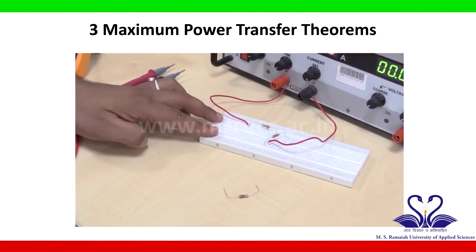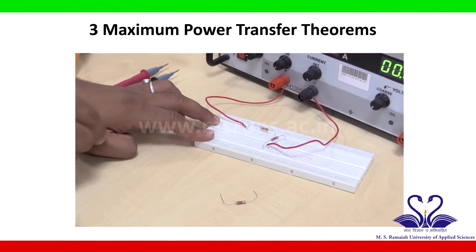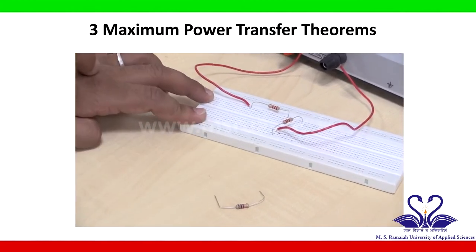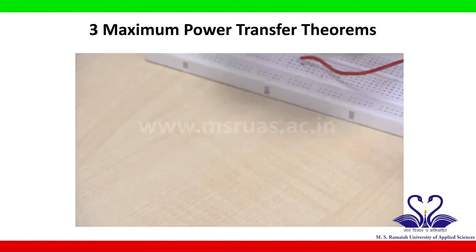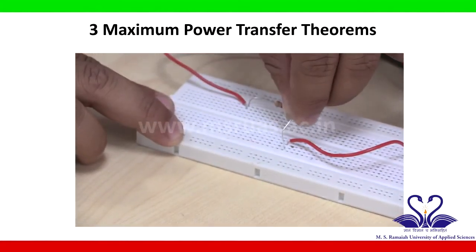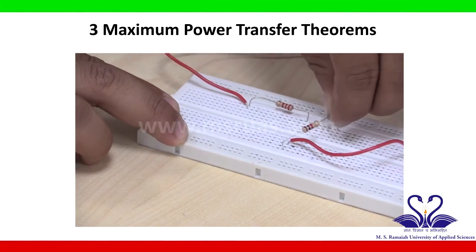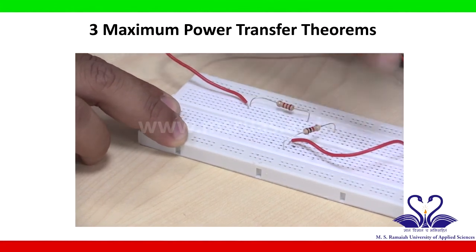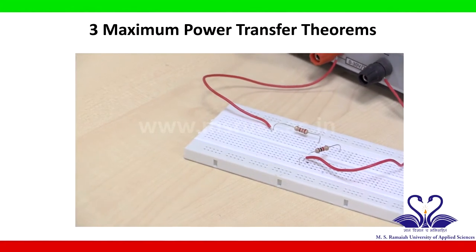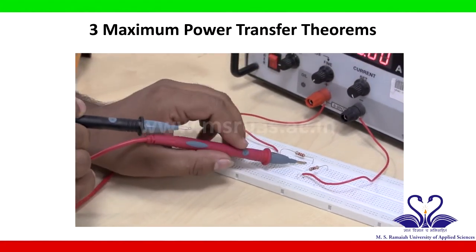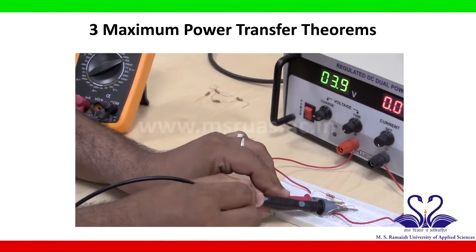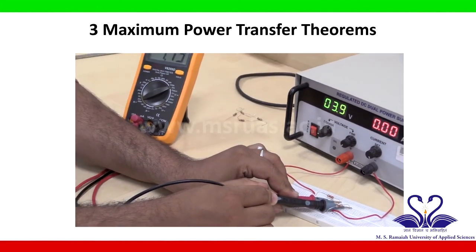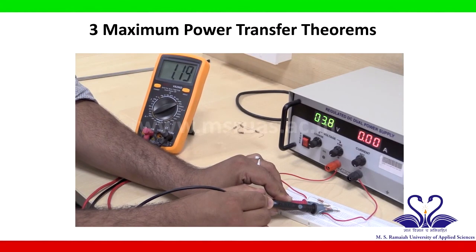Now let us remove the 2.1 kilo ohm resistor and perform the same step for a 1 kilo ohm resistor. For 1 kilo ohm, the current value is 1.19 milliamps.